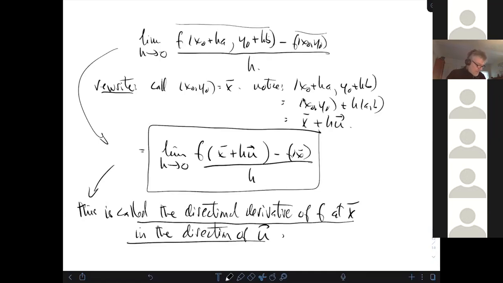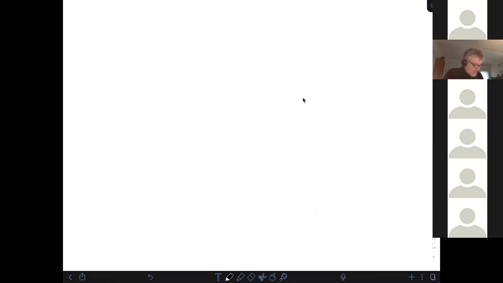Now, I'm going to stop here, but just to tell you what's going to happen next. The question is how to compute it. This is not so obvious because now we have increments in all the variables at the same time, so it's not a one variable problem.